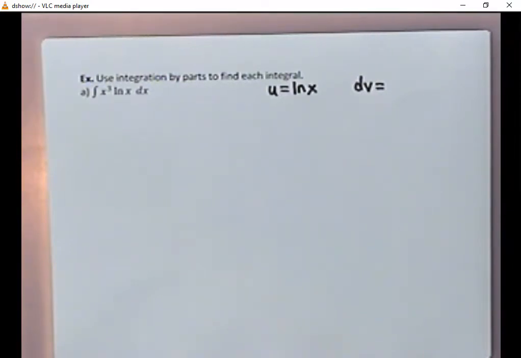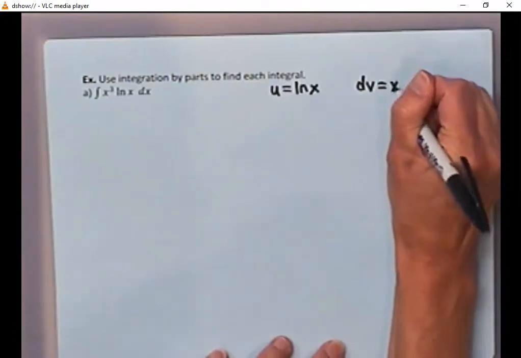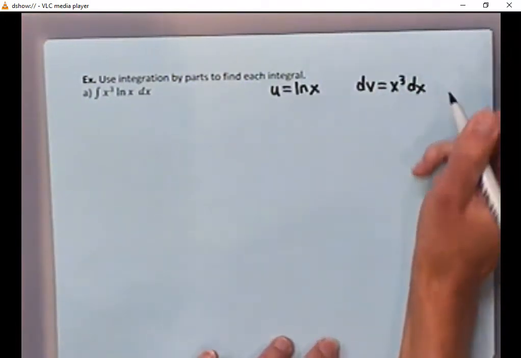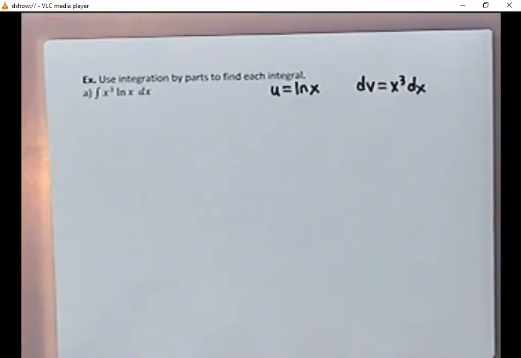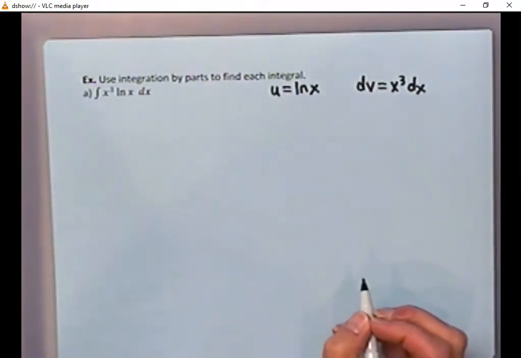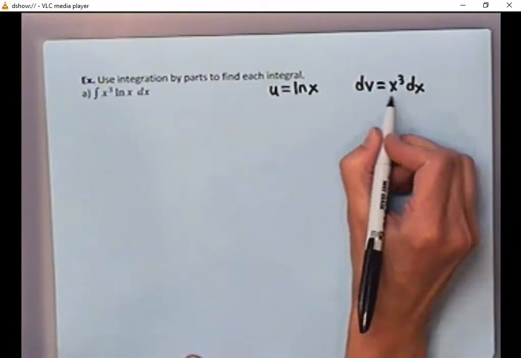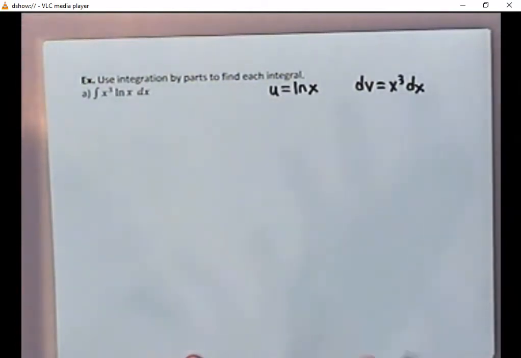Could I integrate x cubed? Yeah. So I know how to integrate x cubed, so I think at least it's doable. So here's one hint. If you have a natural log, it's pretty much going to have to be u, because you don't know how to integrate it. So that's your choices. And don't forget the dv then, the x cubed would go with the dx part.